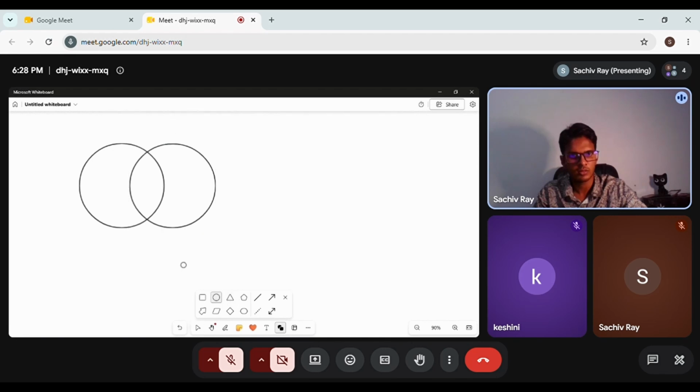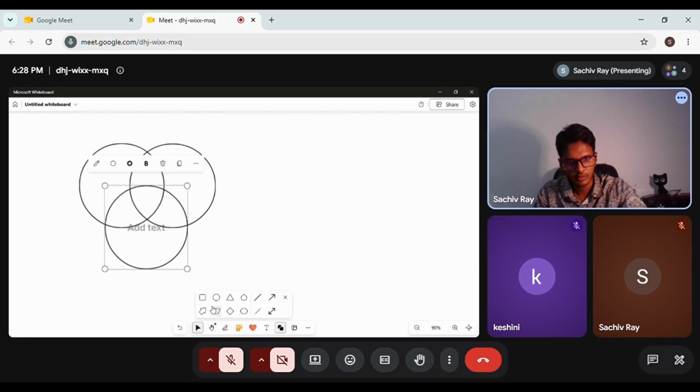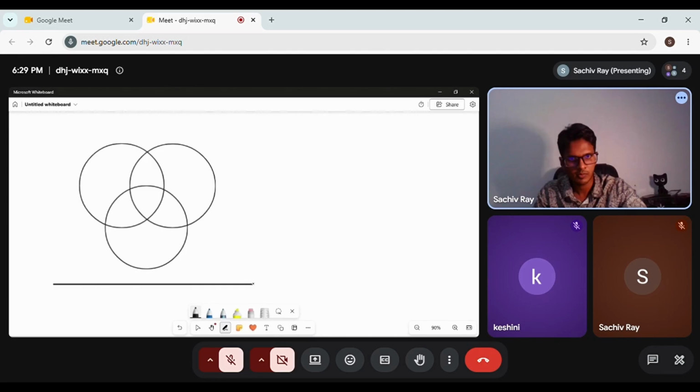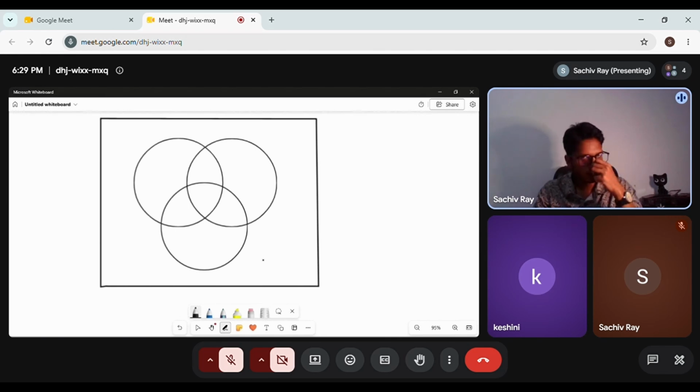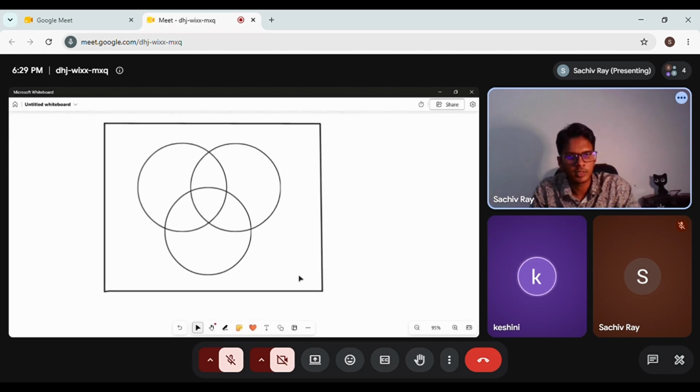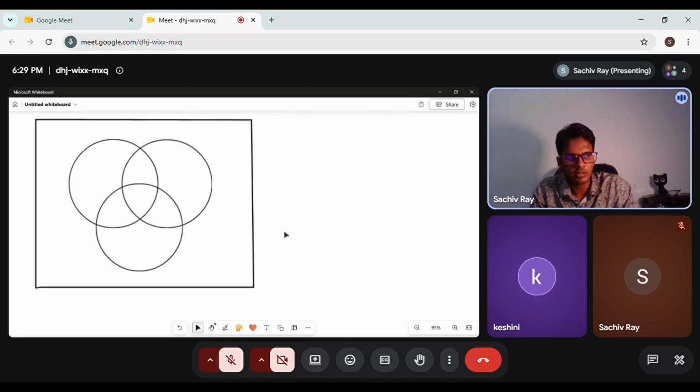This is what the Venn diagram would look like. Not really, because there are some different variations also. We'll start with this.